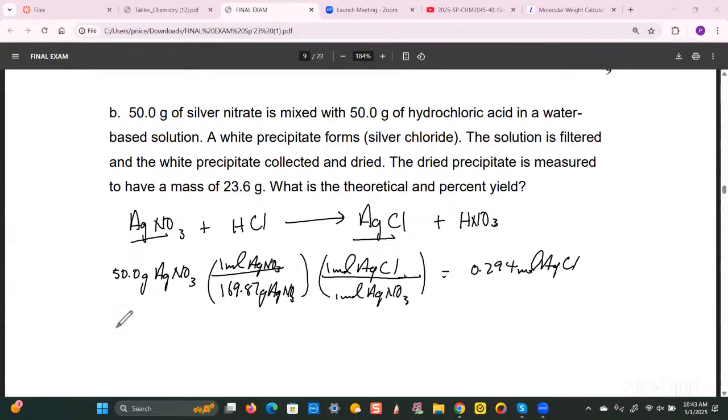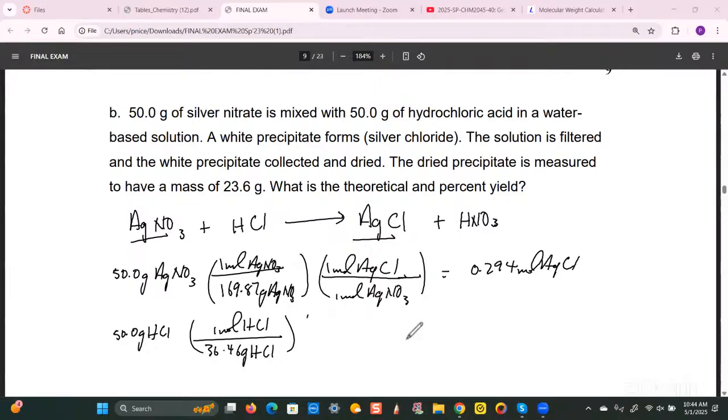Then we do the same thing, or similar, with the 50 grams of HCl. We convert that to moles, 1 mole of HCl. Now in the case of HCl, chlorine is 35.45 plus 1.008. So the molar mass of HCl is 36.46 grams of HCl.